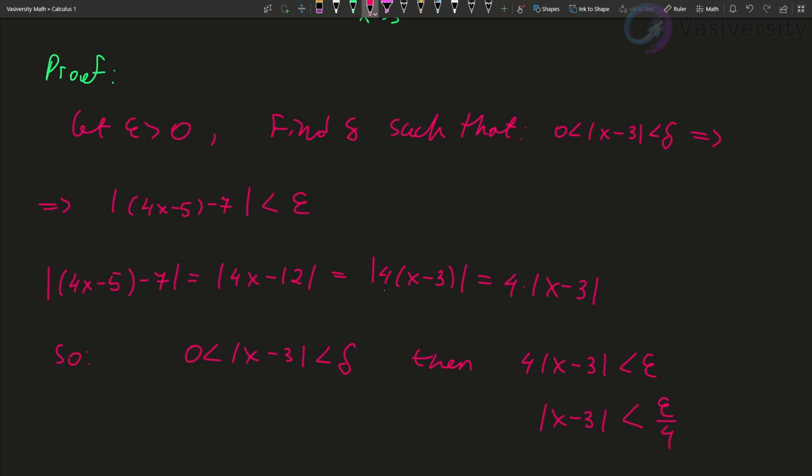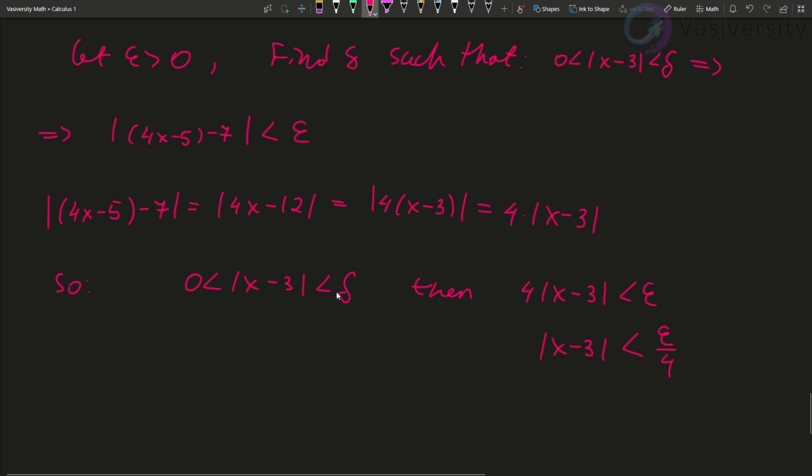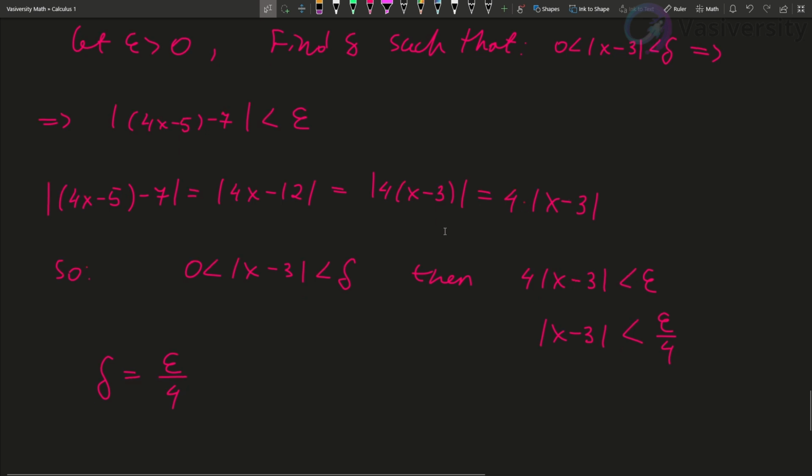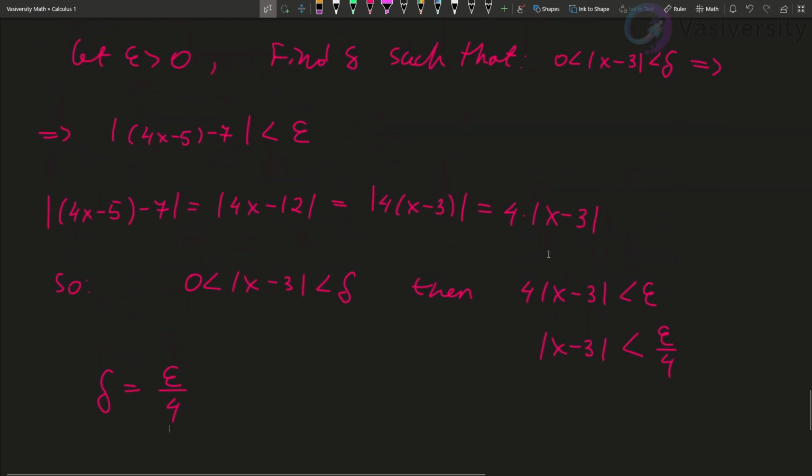Whatever epsilon we choose, we have to divide it by 4. So what do you guys think we should choose for delta? Delta should be equal to epsilon over 4, because we have to be less than epsilon all the time.